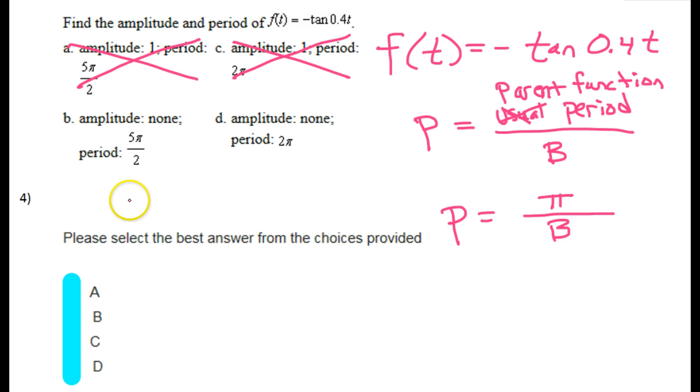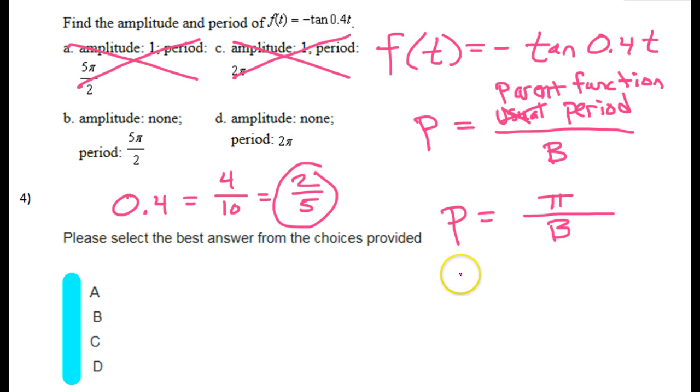Okay, let's talk about 0.4 for a second. If I read this in a formal way, this is the same thing as 4/10 because of place value. So 0.4 is 4/10, which is the same thing as 2/5. So I'm going to use this form instead of the decimal. So the period is going to be pi over 2/5.